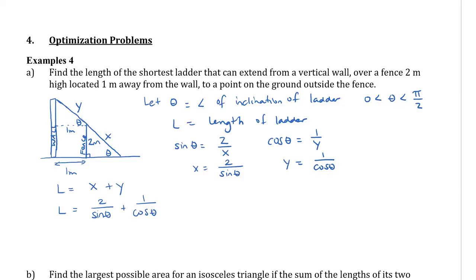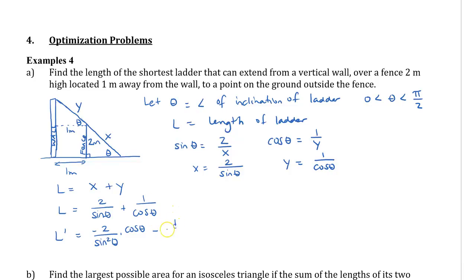All right, so now let's take the derivative. So L prime is equal to negative 2 times sine squared theta. And then, using the reciprocal rule, we have the negative 2 and the sine squared theta. But remember, now we also need to take the derivative of sine theta, which is cos theta. And then we are going to go 1 over cos, so take the reciprocal of that.